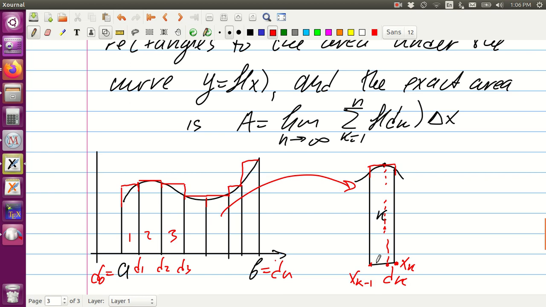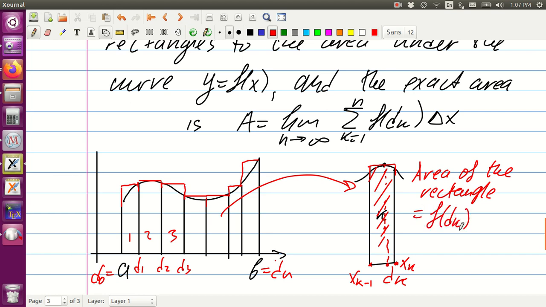So this is our picture. So the area of the rectangle, this little one, this area in red, is equal to f of d sub k times delta x, right? So basically the height times the base. The same as before, but instead of taking mean, we take the max.